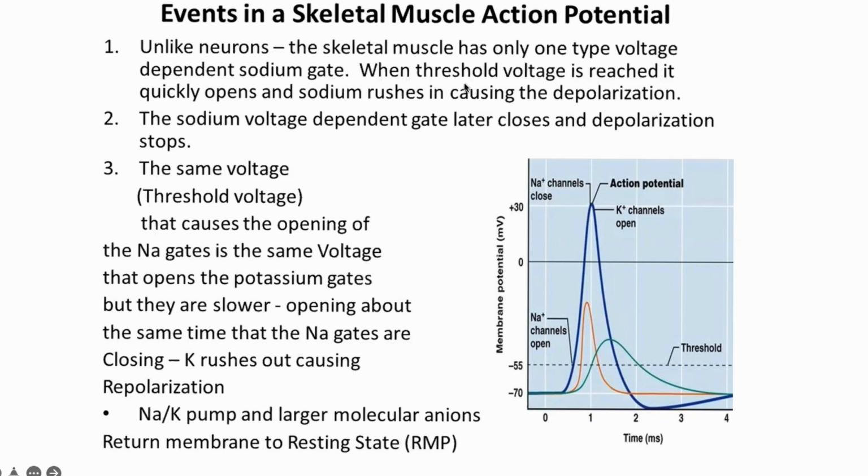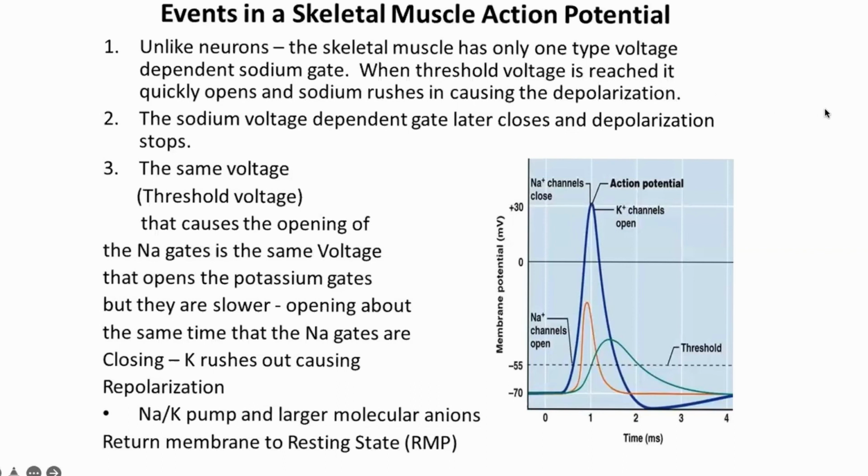In the skeletal muscle, you don't really have the inactive versus deactive voltage gate. So when the voltage gate is activated, it will have to become deactive, and then it has to rest or become at a resting state before it can be reactivated again. And that's the case for the neuronal cell.